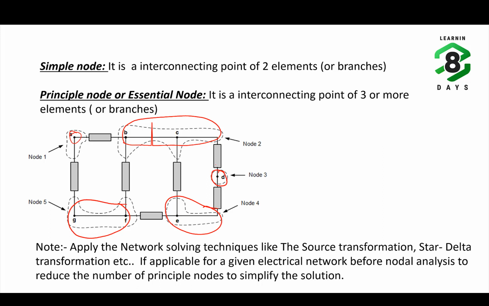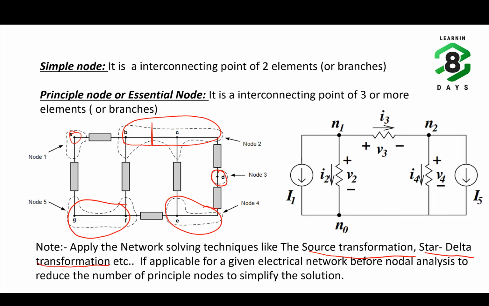So before applying nodal analysis, if it is possible to reduce the number of principal nodes by network solving techniques like source transformation or star delta transformation, we can always do that.